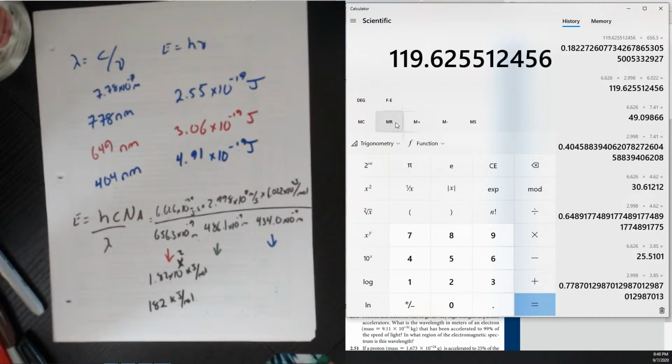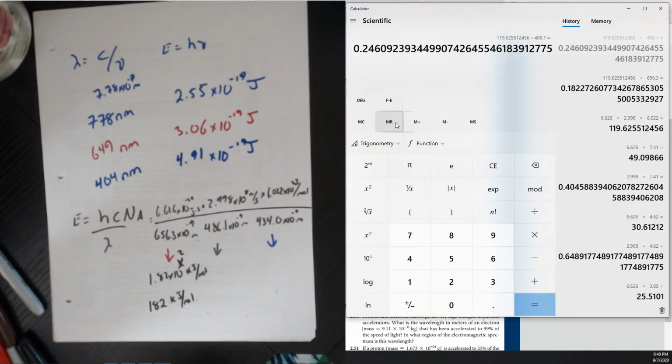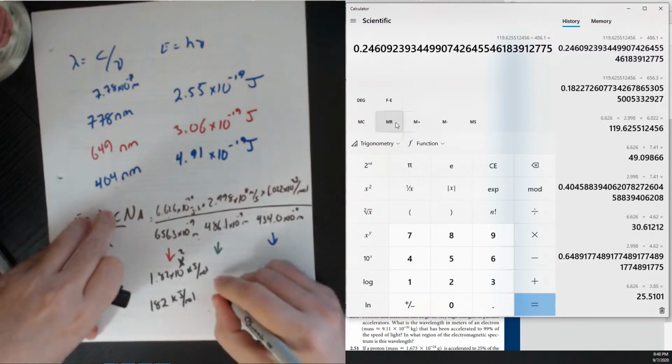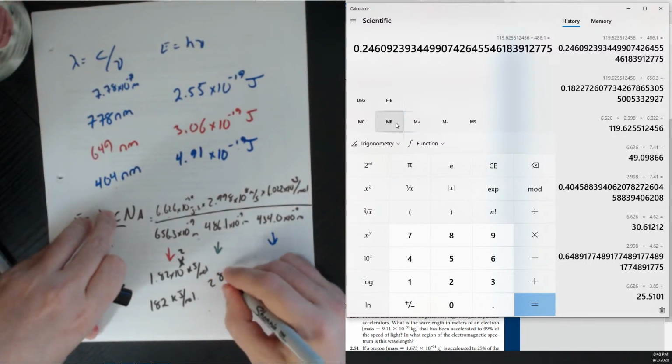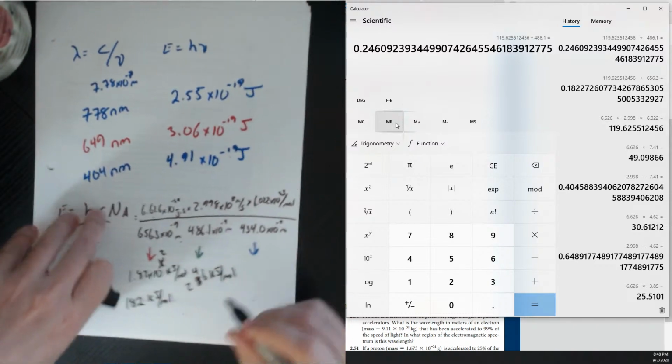So, divided by 486.1 for 246 kilojoules per mole.